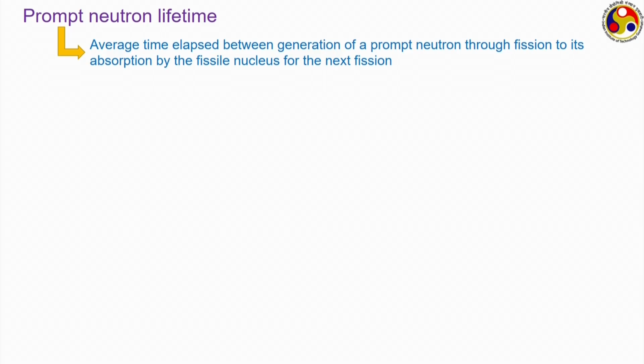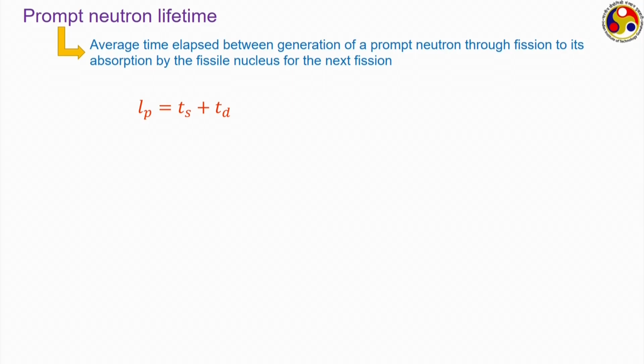It goes through several phenomena: in very rare cases it can induce a fast fission, it can go through all those scattering and attenuation through the intermediate energy range, and finally once it comes to the thermal neutron level, it can diffuse and get absorbed in the moderator or in the fuel. This entire period is what we call the prompt neutron lifetime.